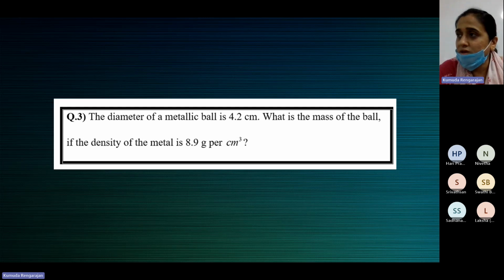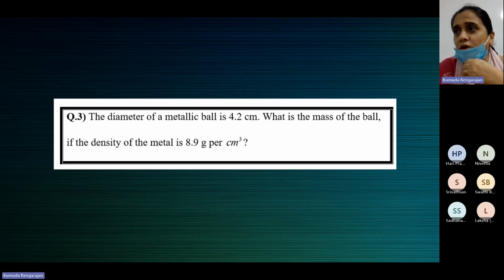This metallic ball is made of some material, and 1 centimeter cube of that material has a density of 8.9 grams.